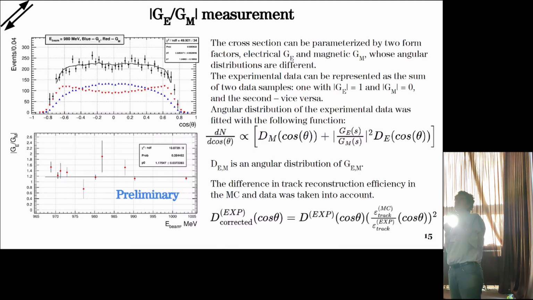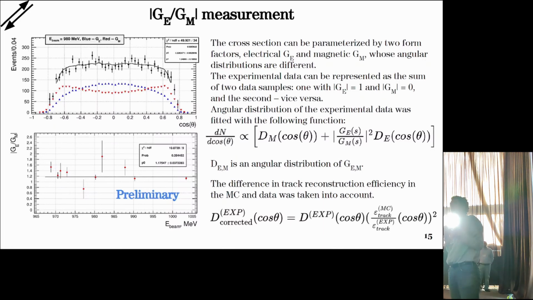After we fit it, we have two free parameters, and one of them is the GE to GM ratio. So we obtained the GE to GM ratio for all energy points where we have collinear events. You can see it here, and we fitted it with a constant function. As you can see, there is no internal behavior like energy dependence. Actually, we don't see it on such a small scale. So no new physics in here.